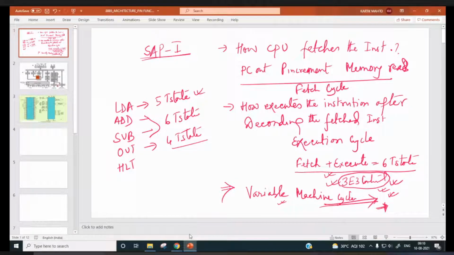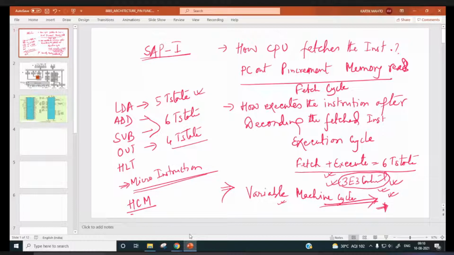Then at every T state, the processor or controller sequencer outputs a control word which is called a micro instruction. And these micro instructions can be generated using a hardware control matrix.